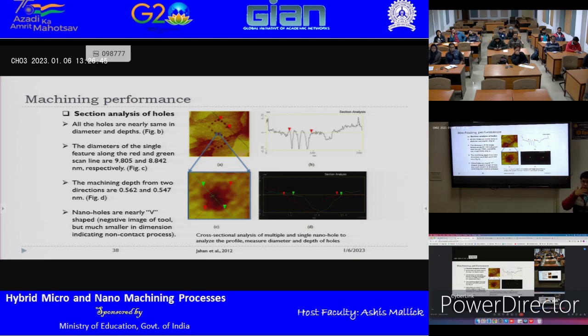So the tool never went into the hole, but it is the electric field that created those features. So now you can see the features are very uniform. We can measure the depth, we can measure the diameter, and from there we can measure the material removal rate.